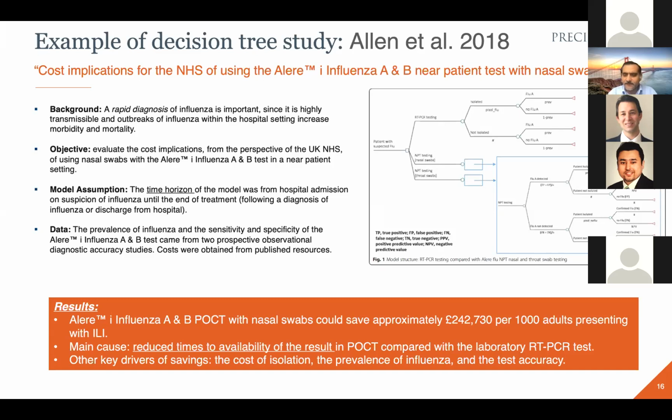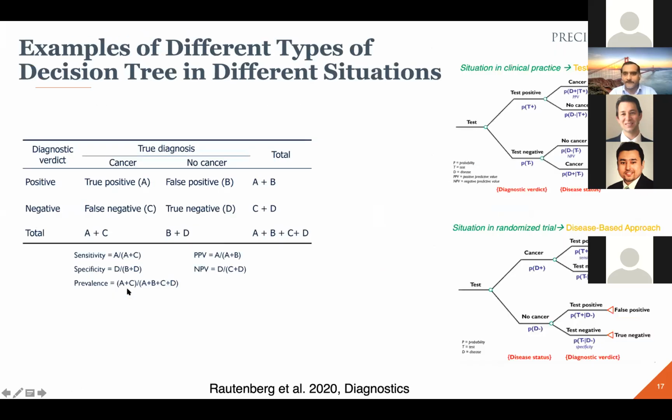Maybe not so much with the throat swab, but with the PCR, the reduced time to availability of the test was the main reason. But there are other drivers in this model, for example, cost of isolation and testing accuracy in each case. So, a beautiful example that gives a clear picture of how it is useful and where we can use it.